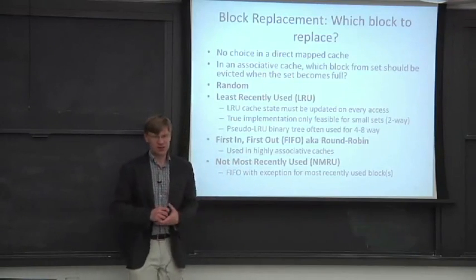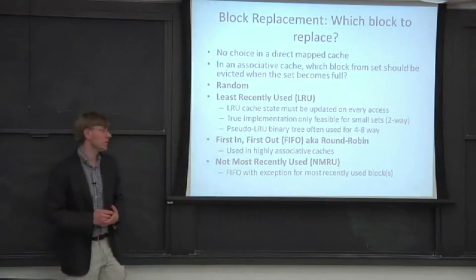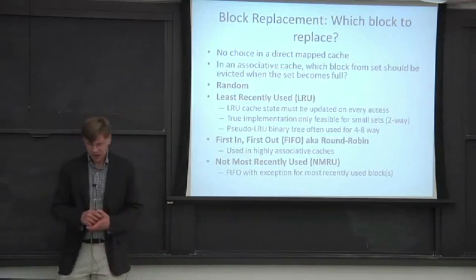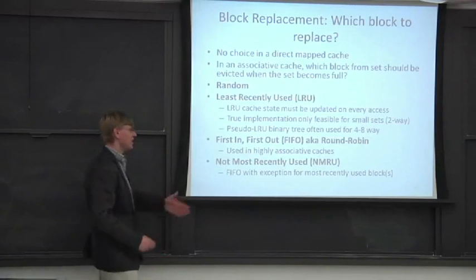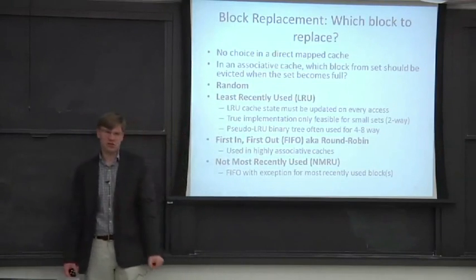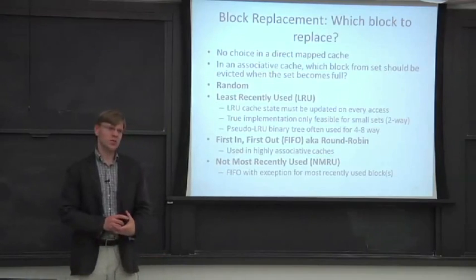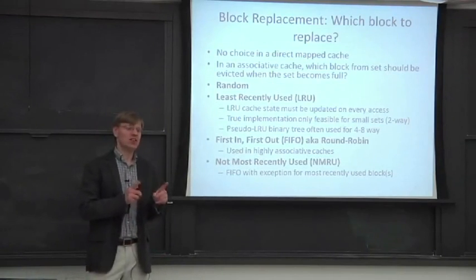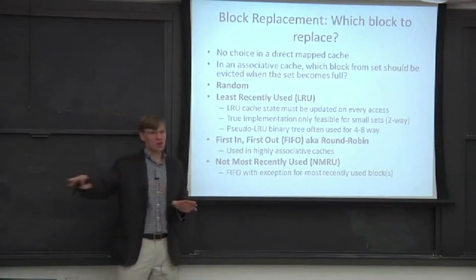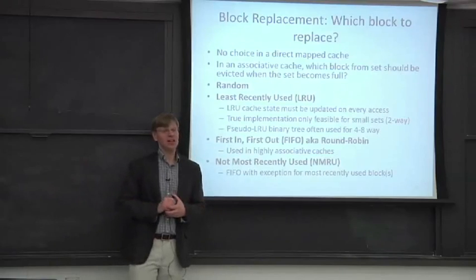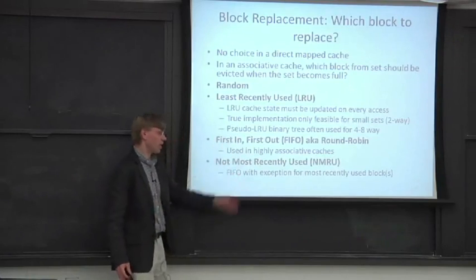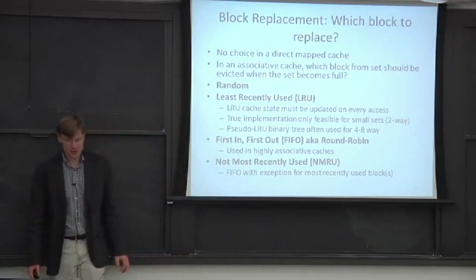These things start to get harder to do in hardware, especially on the critical path of your processor. So a lot of times what people do is they have pseudo least recently used for higher associative caches, where you'll try to keep maybe accurate information on the last two most recently used lines, and for the other ones you do random or something like that. Or there are some more complex things which we'll talk about later in the class.